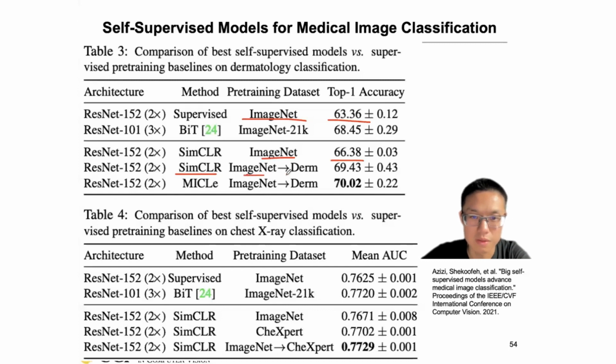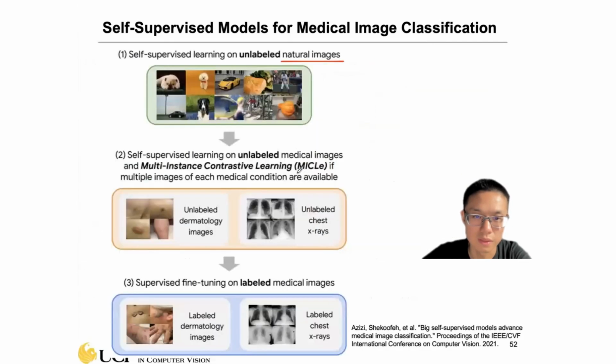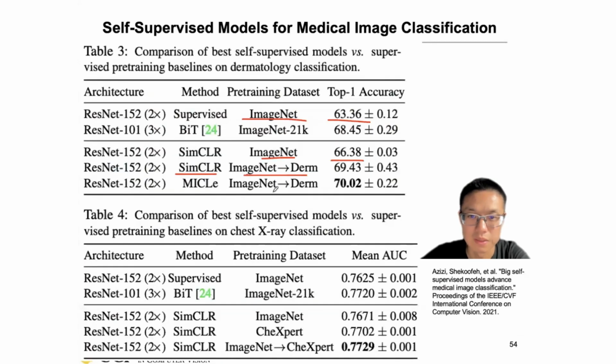But if you look at their method, if you take an extra step, first pre-train on ImageNet, then do the second pre-training stage, self pre-training on the unlabeled medical images to reduce the domain gap, and then fine-tune on the dermatology data, you are able to further improve the performance, from 66 to 69, okay?